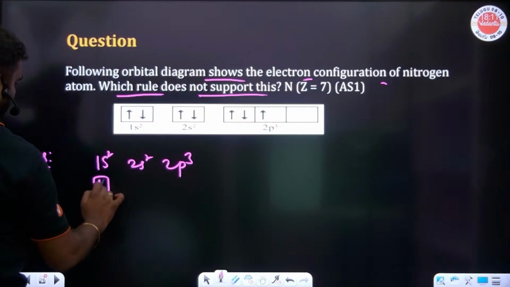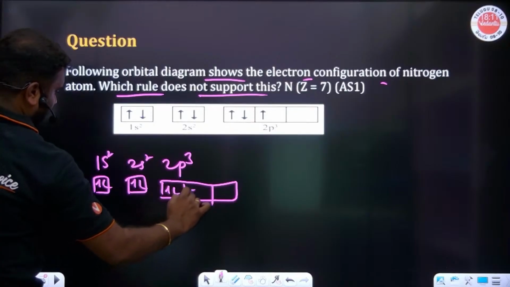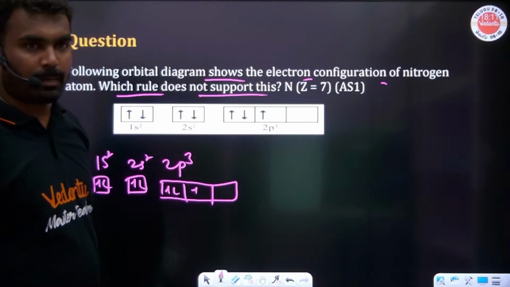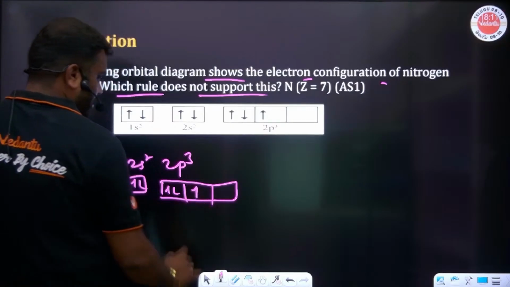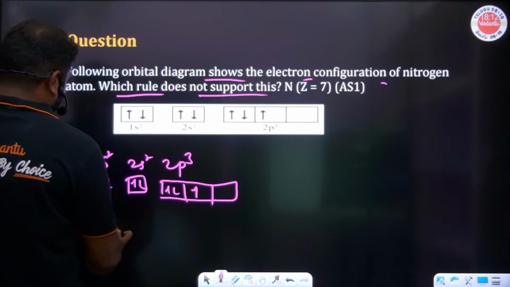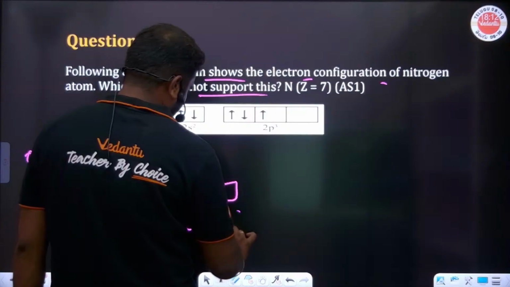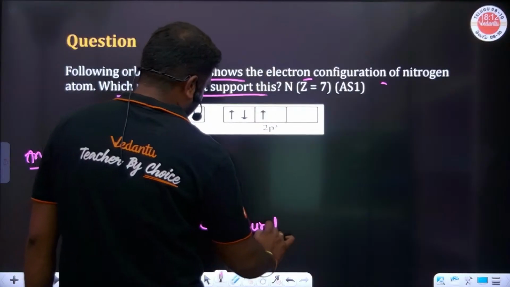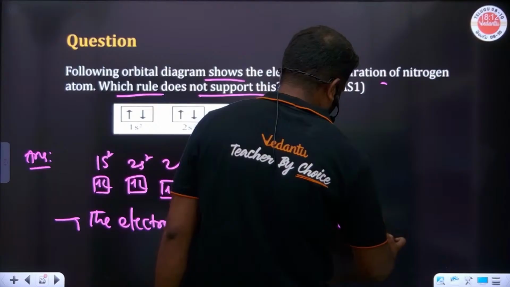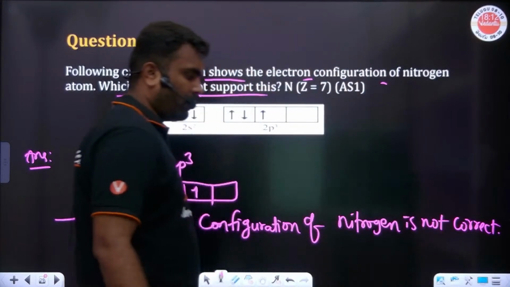So 1s2 has 2 electrons, 2s2 has 2 electrons, and 2p3 has 3 electrons. So the electronic configuration of nitrogen is not correct.